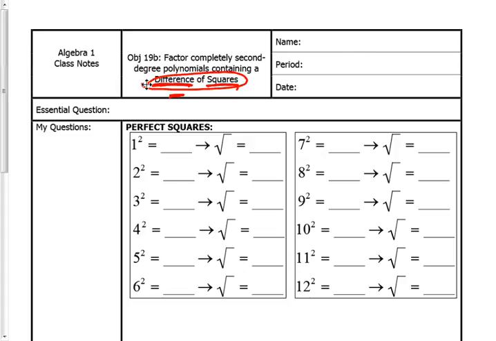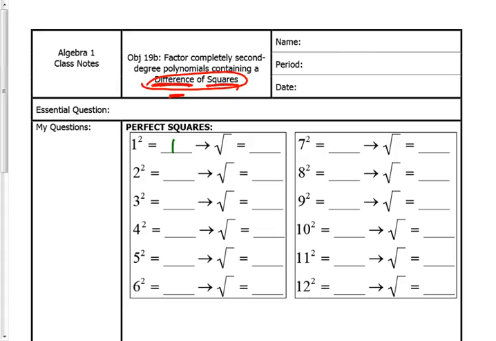Or anytime you take a number to the second power, or you square it, it becomes a perfect square. So a good idea is to memorize or start to recognize what your perfect squares are, because when you see a perfect square, that is typically a good indicator of a difference of squares situation. Okay, so we're going to start with 1 squared and go through 12.